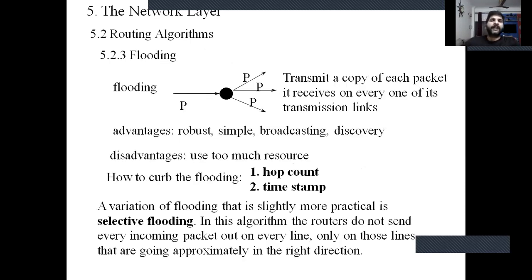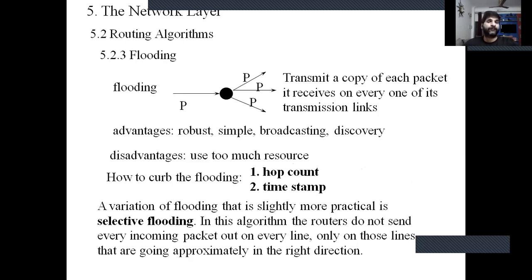Now similarly, another routing algorithm used is flooding. Flooding means each router floods the packet, and after receiving the packet, each router floods a copy of it. So it transmits a copy of each packet it receives on every one of its transmission links.